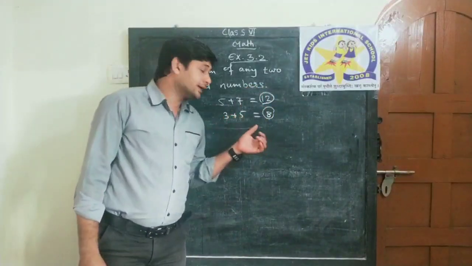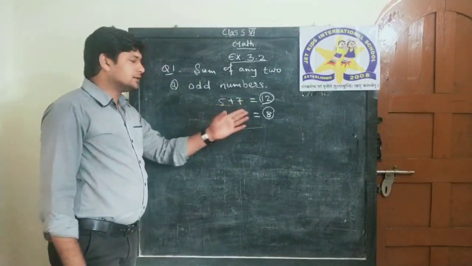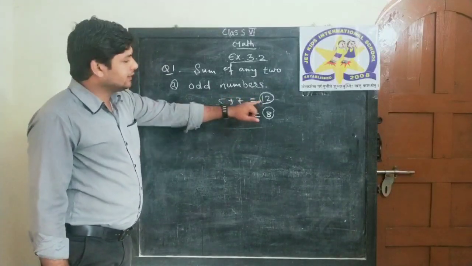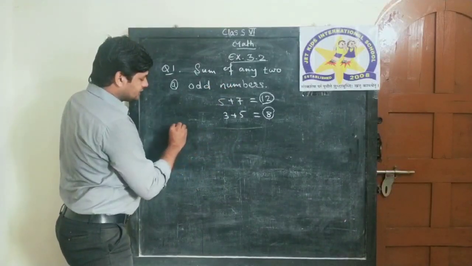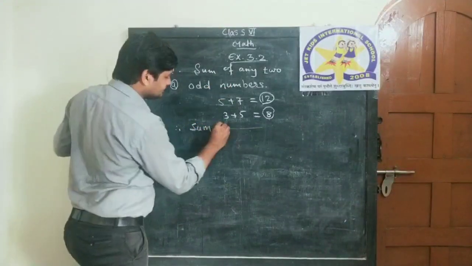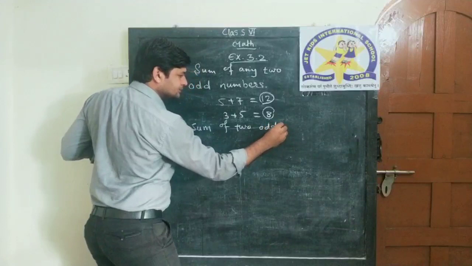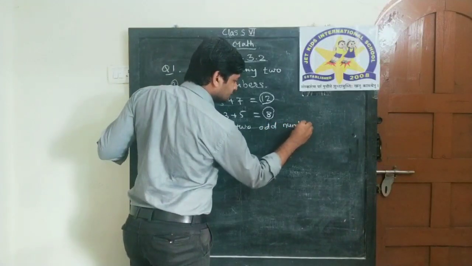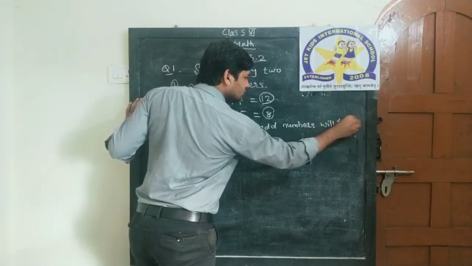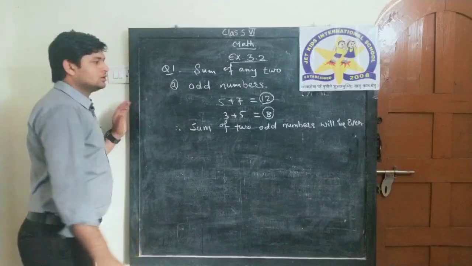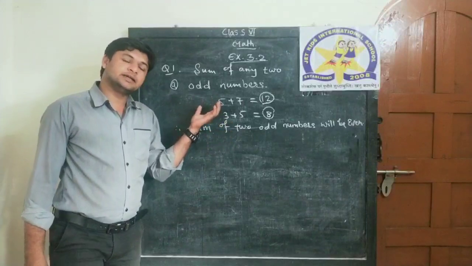I am just taking two examples; you can take multiple examples to find out the result, and you will confirm that you get an even number. So I will write a statement over here: sum of two odd numbers will be even. Write this statement in the same manner as I am writing it in your notebook.